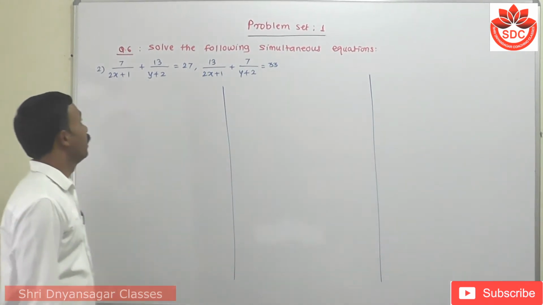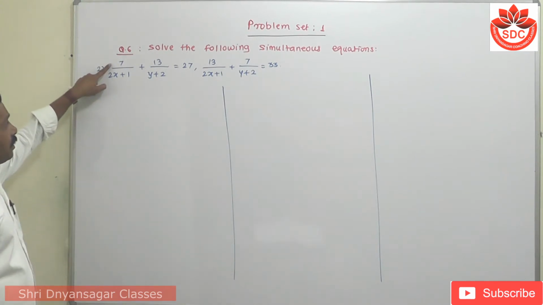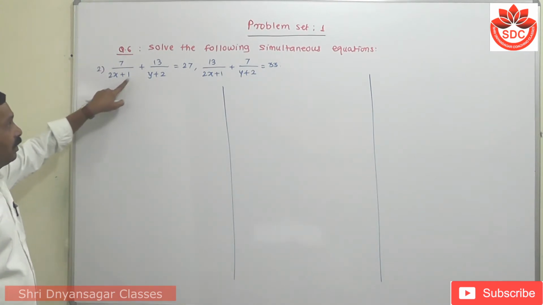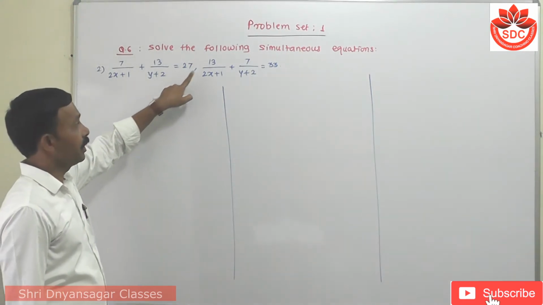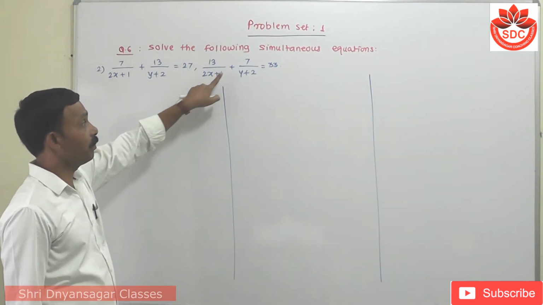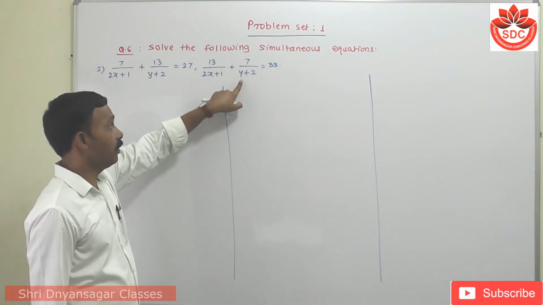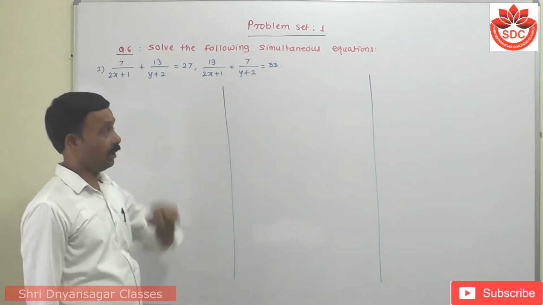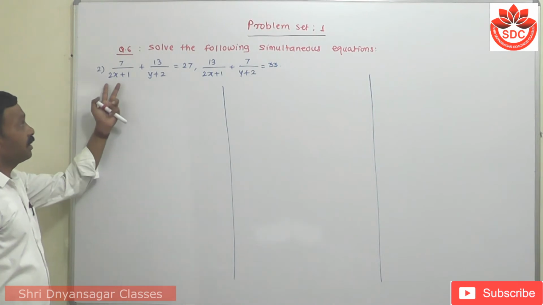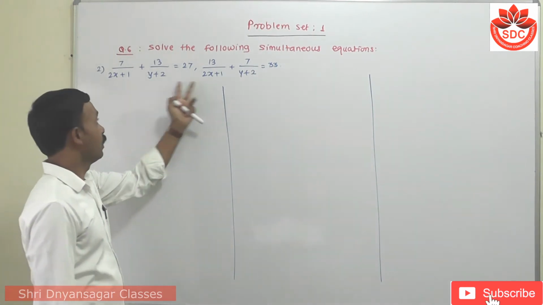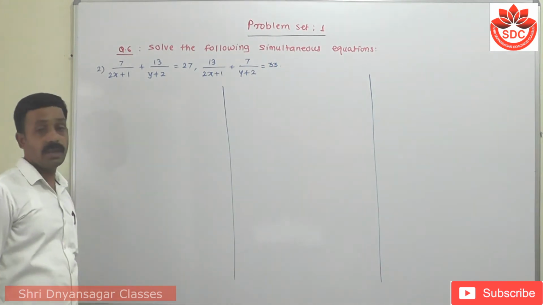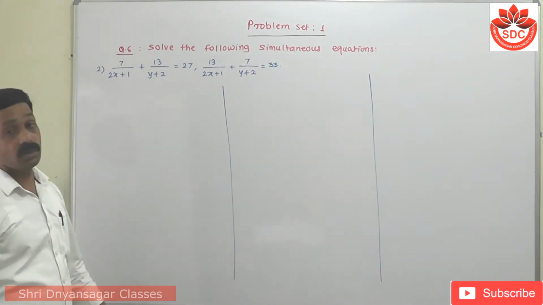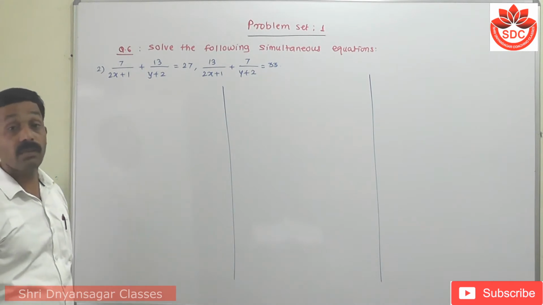Look carefully. Question second: 7 upon 2x plus 1 plus 13 upon y plus 2 is equal to 27, and 13 upon 2x plus 1 plus 7 upon y plus 2 is equal to 33. Student, observe carefully: here is 2x plus 1, 2x plus 1, y plus 2, y plus 2. It means that 1 upon these values are the same, so we have to substitute these values with another variable.